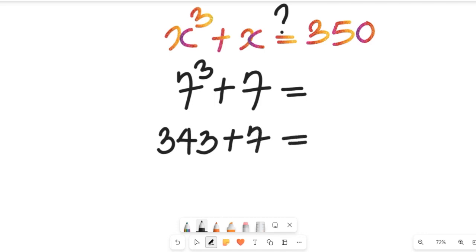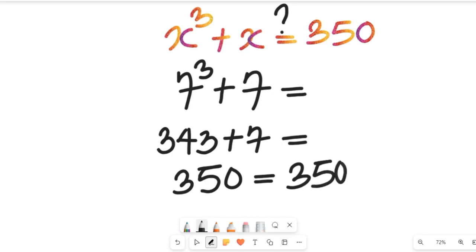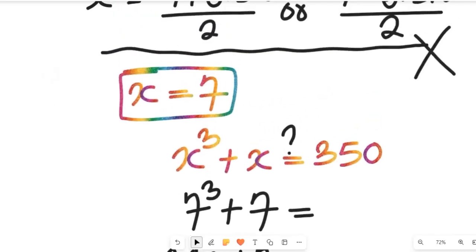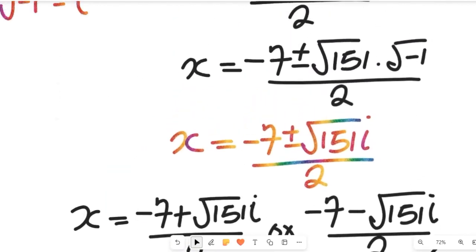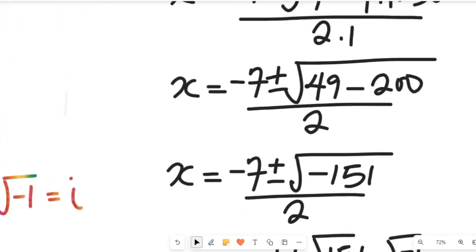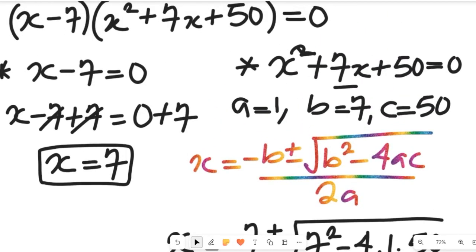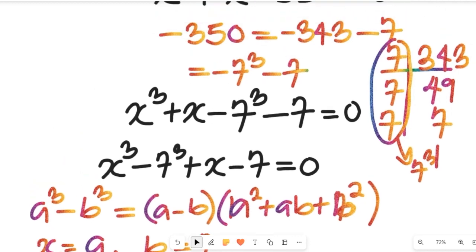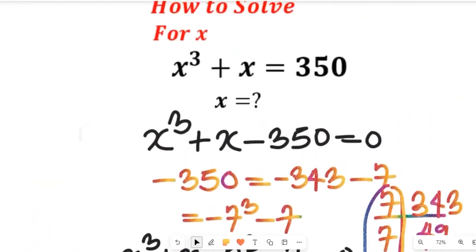Will it give us 350? Yes, it will give us 350. So 350 equals 350. That tells us that x equal to 7 is a solution that truly satisfies that exponential equation that is given to us, minus the imaginary solutions which we got from the quadratic equation during the solution.